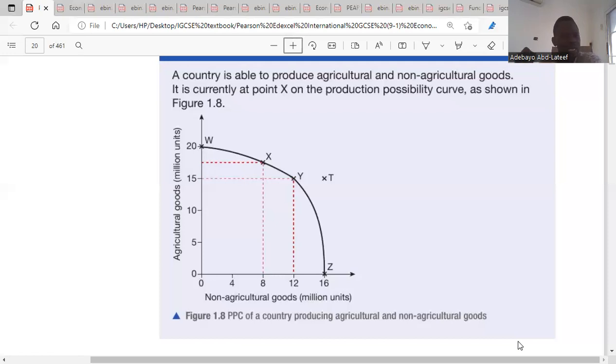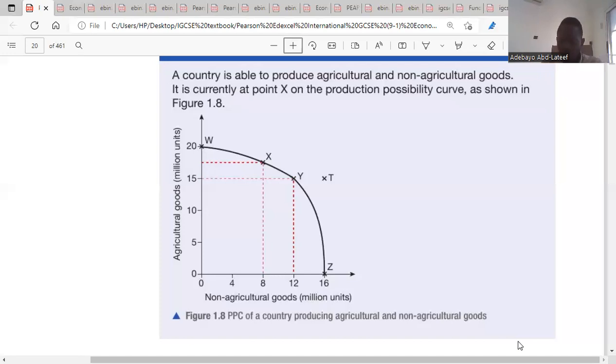So that means the country will increase its production from 8 to 12 million. That means there's a 4 million increase in output. And at the same time, the country will drop from 17.5 million to 15 million in terms of agricultural products, right? From 17.5 million to 15 million.